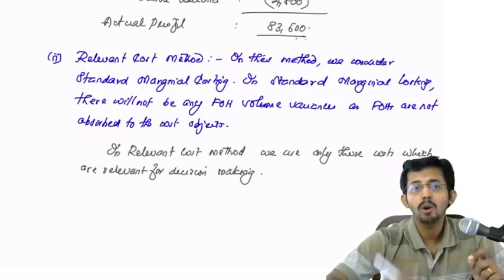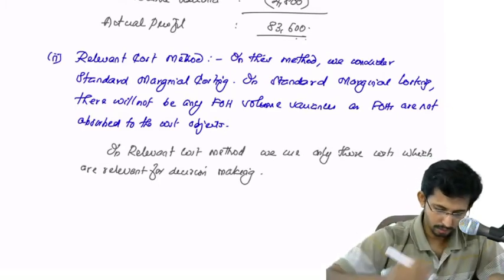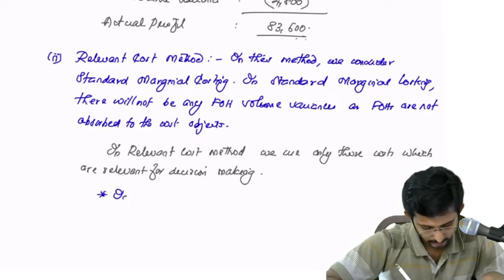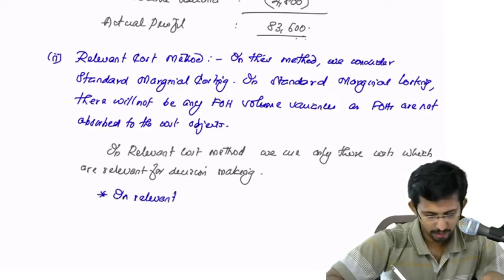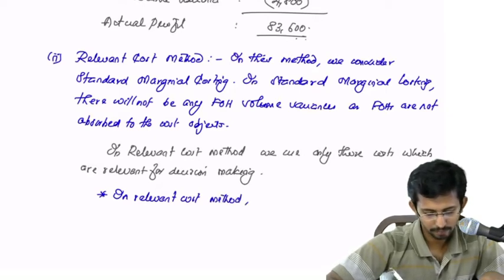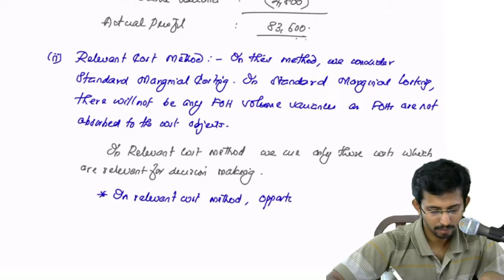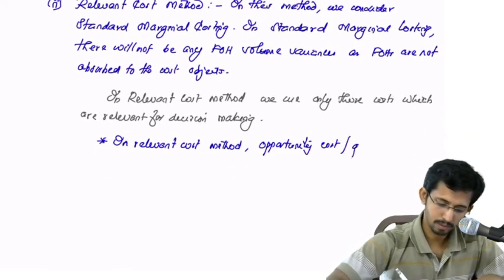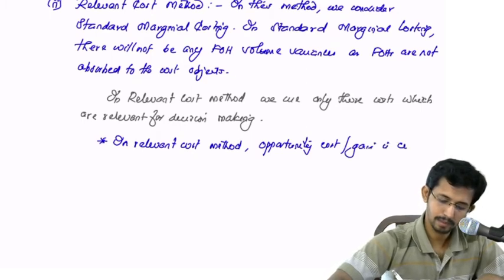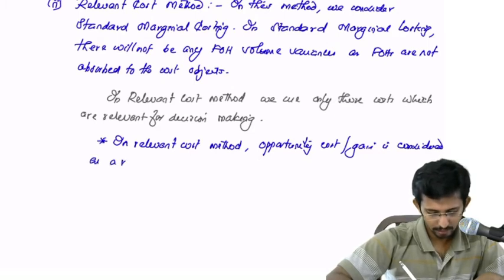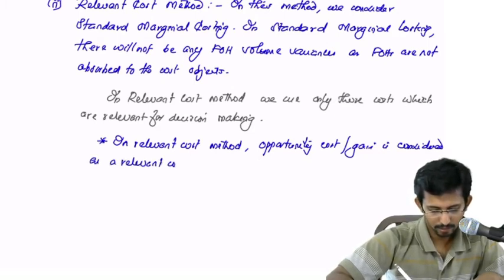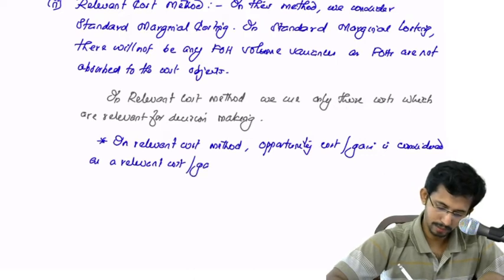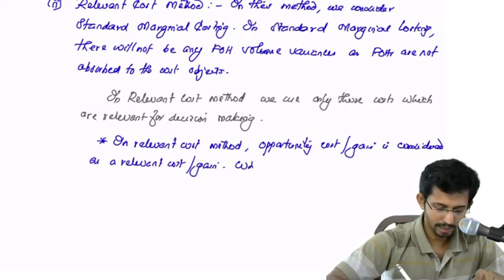Now you can write that in the relevant cost method, opportunity cost or gain is considered as a relevant cost or gain.